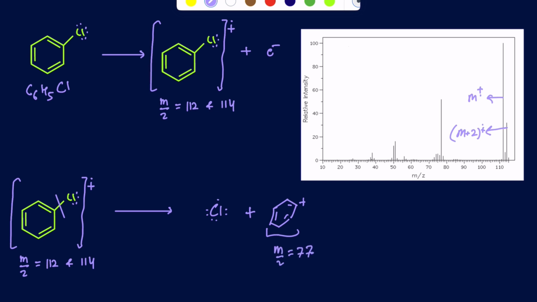It is not very stable, not the same as the benzylic cation, because the benzylic cation would have been very stable and would have a mass of 91. This one you can see a little bit, and if you see something around 77, it gives you an idea that there must be an aromatic in this structure. So this peak at an M over Z of 77 is coming from this phenyl carbocation.